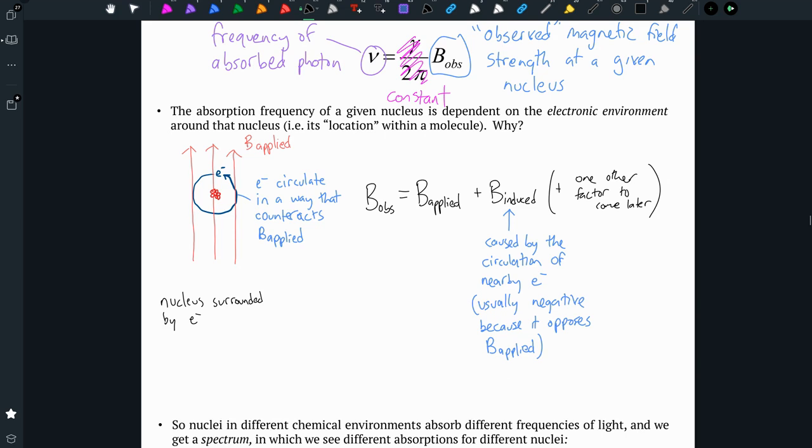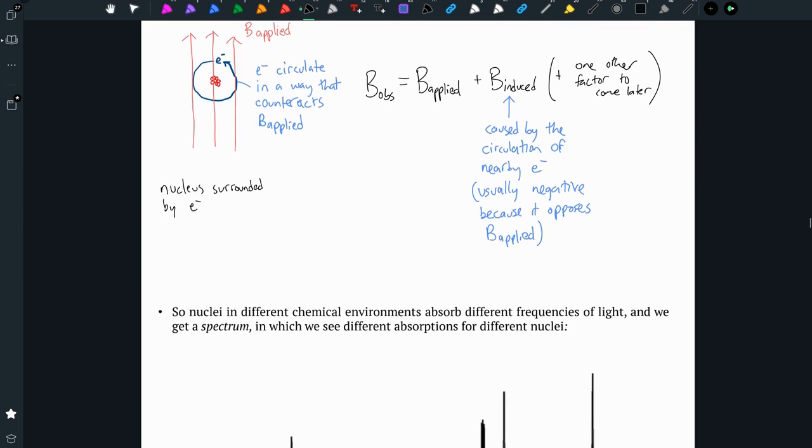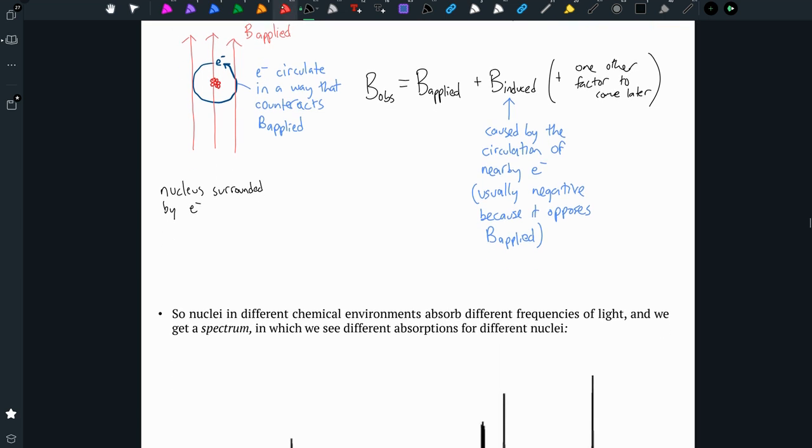So what's going to make that induced magnetic field vary? Well, it depends on how much electron density there is around that nucleus. More electron density near a nucleus is going to cause a greater induced magnetic field. We say that electrons nearby shield the nucleus from the applied magnetic field.